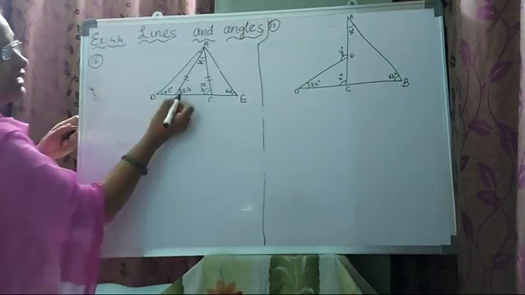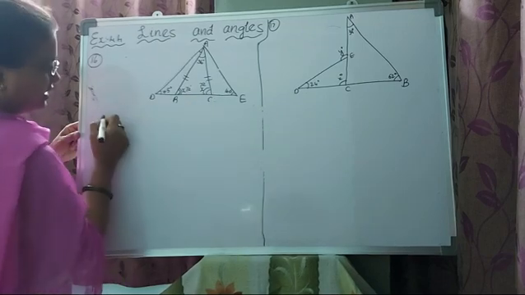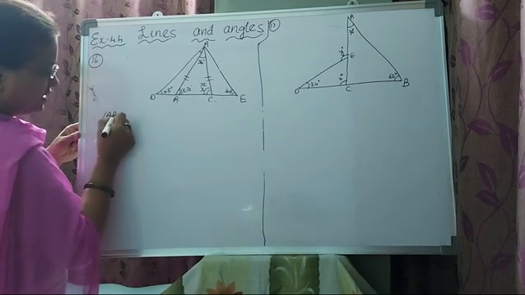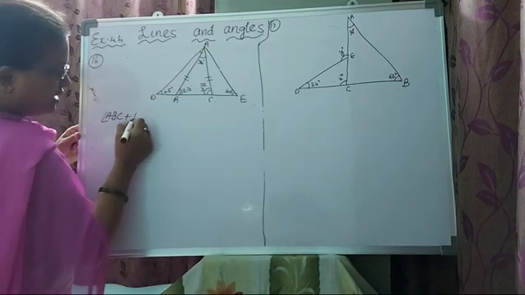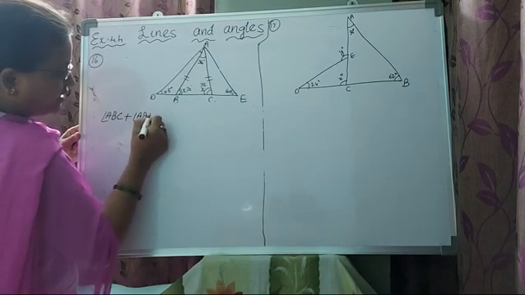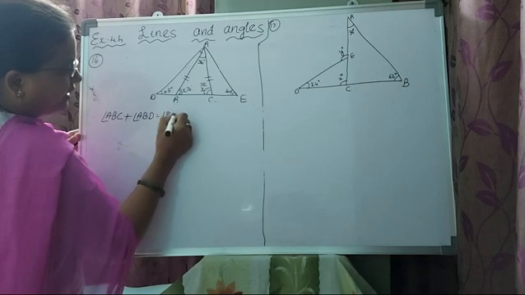Angle ABC plus angle ABD is equal to 180 degrees.